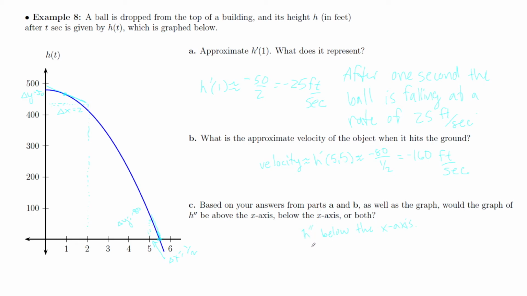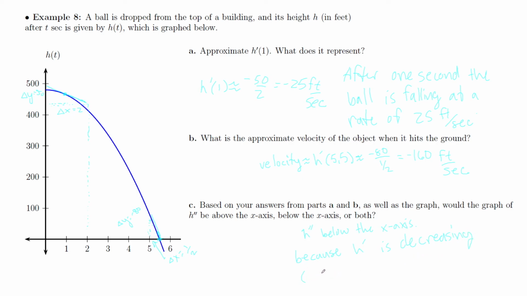If h double prime is the change in my first derivative, then what's happening to my first derivative? My first derivative is getting more negative, or in other words, it is decreasing. So h double prime is below the x-axis because h prime is decreasing.